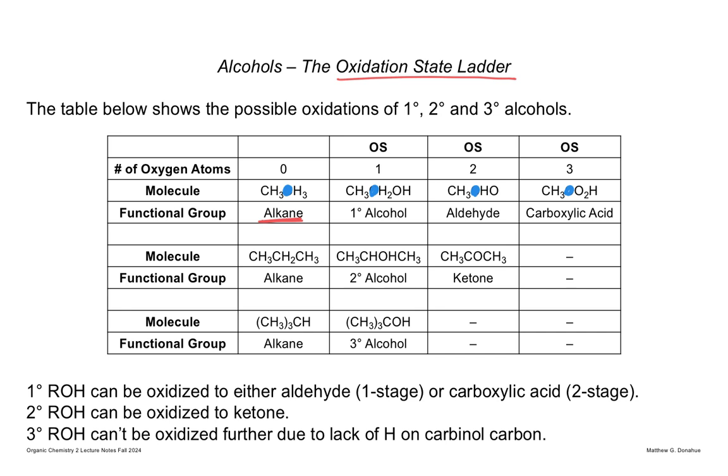An alkane, when oxidized in one step, becomes an alcohol. So a primary alcohol can go to oxidation state 2, an aldehyde, and this is the special case for aldehydes only. They can go up even further to carboxylic acids, and that's dependent upon the reagent.